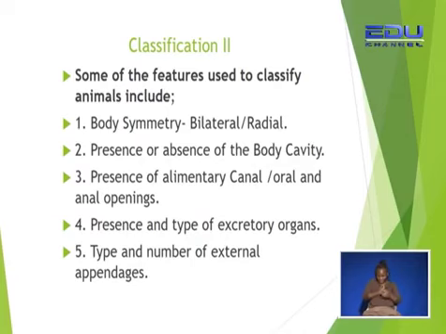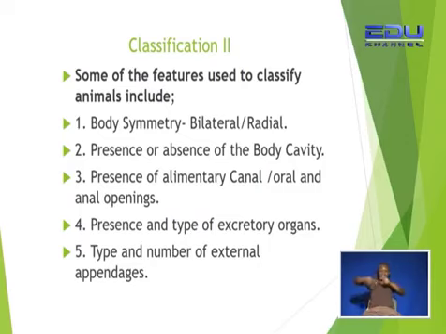They can be divided into several parts for the same feature. Next is presence or absence of the body cavity. Some, such as organisms belonging to phylum Arthropoda, have a coelom in their body cavity.